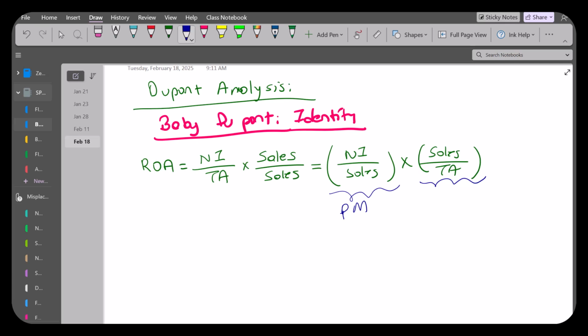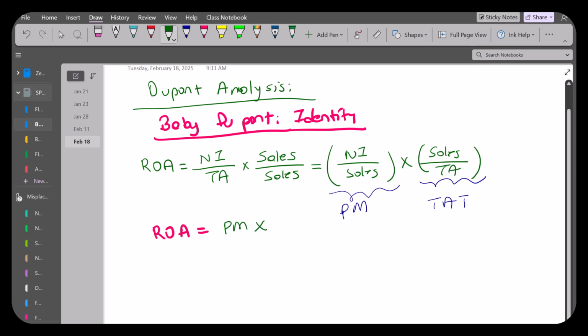Sales over total assets? Total asset turnover. So Baby DuPont basically says ROA is equal to the product of profit margin times total asset turnover.